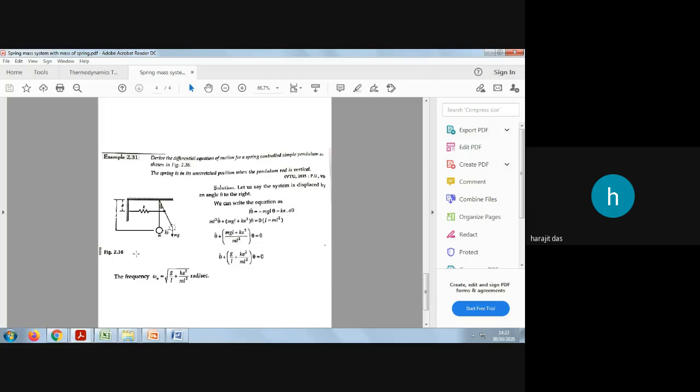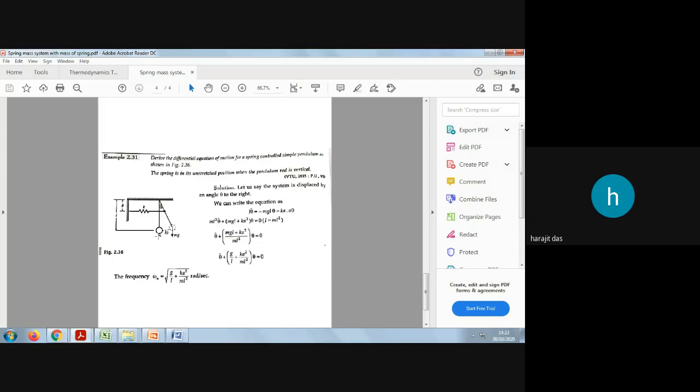So how are you going to solve this type of problem? Though this diagram looks a little bit complex, if you go by the basic principle, you will come to know that this is a very simple problem. Only the game is of the moments and forces. So first what you will do, you will displace the system, the system where the mass is concentrated.